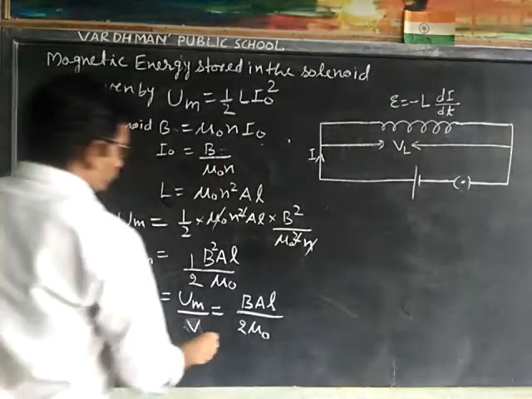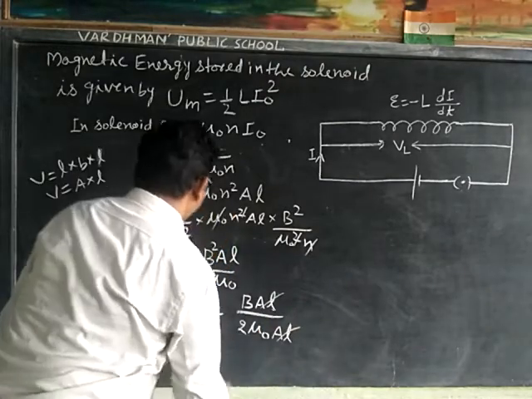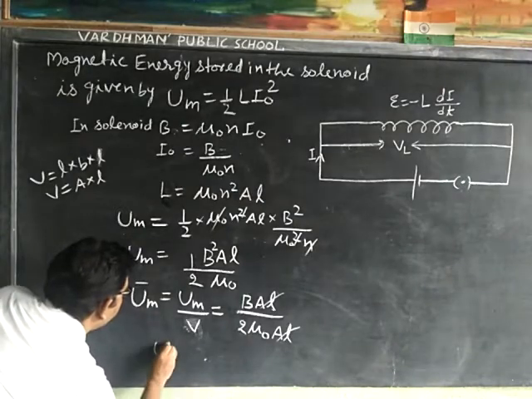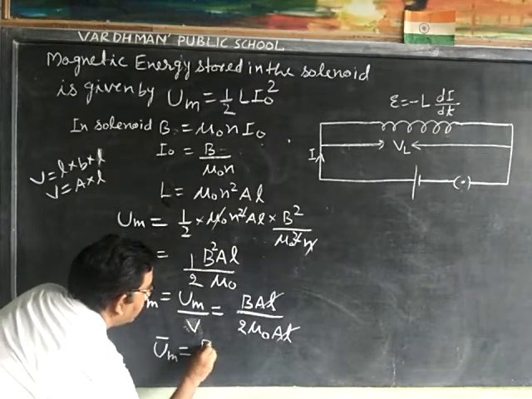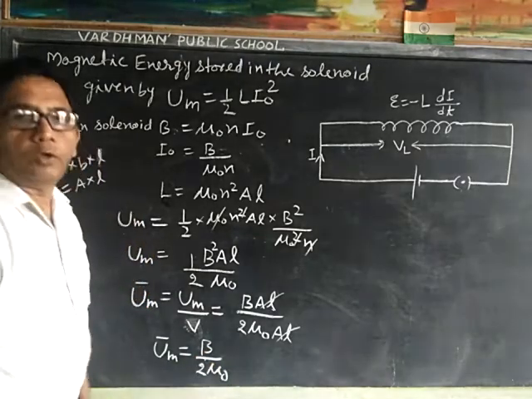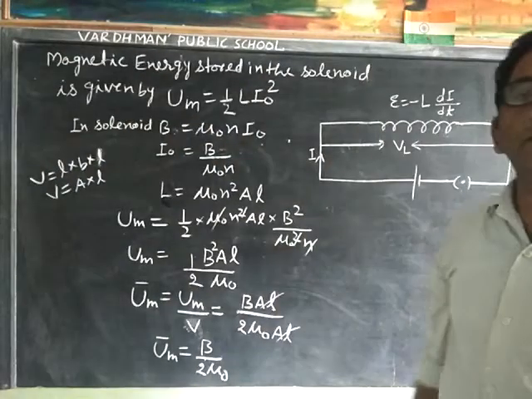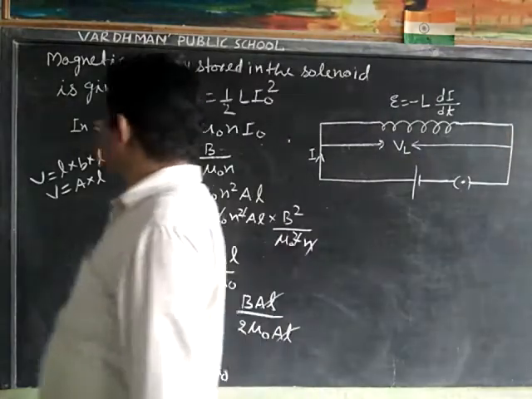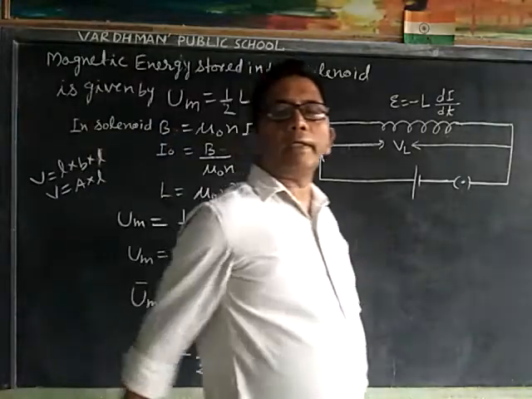A l cancels, so Um bar is equal to B square upon 2 mu 0. The energy stored in the inductor is known as magnetic energy.